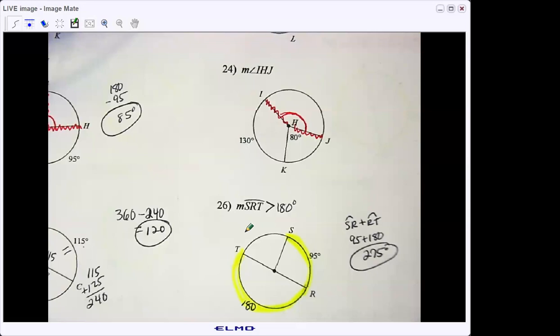Find the other angle. Good. Oh yeah, good.